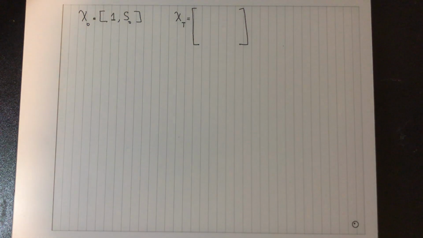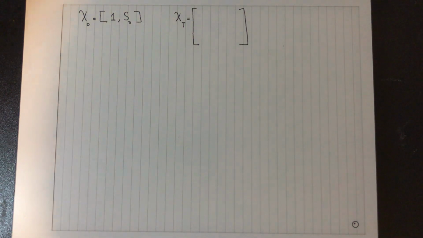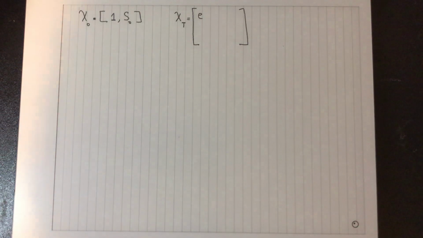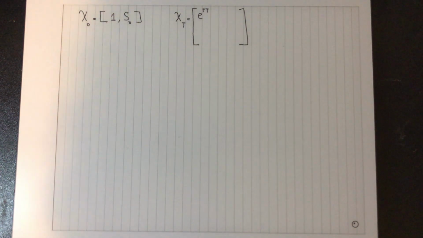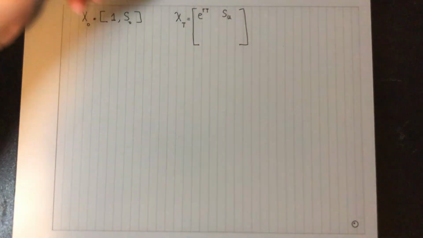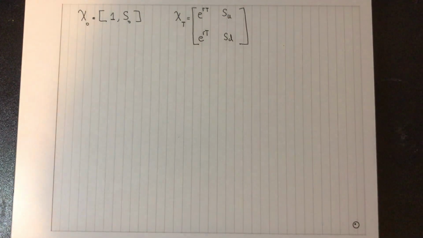However, the bond is assumed to be risk-free, so there is no impact of whether it's an upward state or a downward state on the bond's value. All that we get is simply the continuously compounded return of the bond. And for the stock, its value in the upward state will be denoted by S_U. Similarly, for the downward state will be S_D, and for the bond, that value does not change.